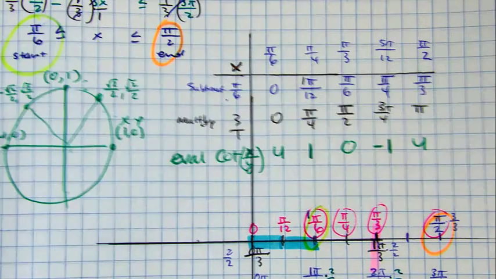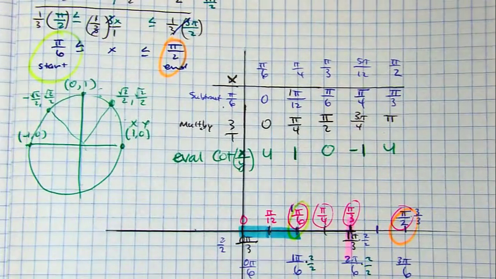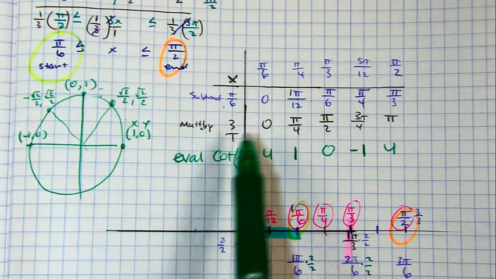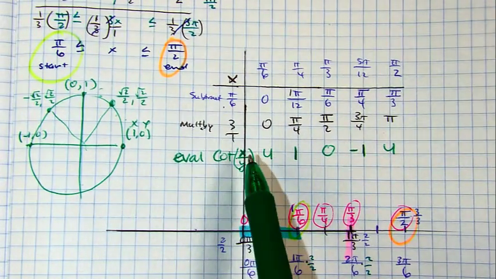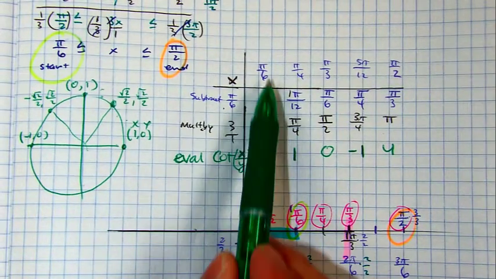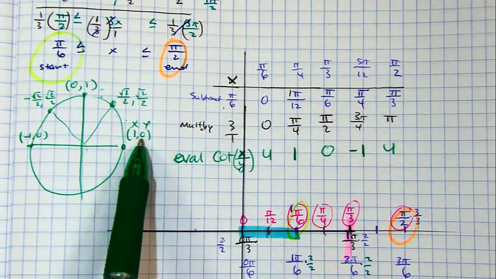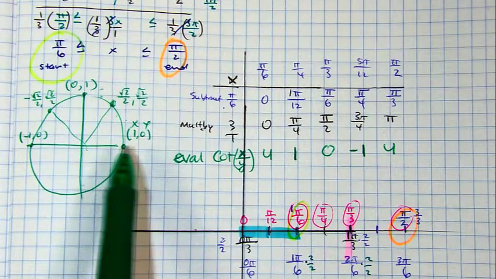How does this relate to yesterday's lesson or the day before for tangent? If you evaluated these at tangent, you could just take your answers and take the reciprocal. Does that make sense? For example, tangent at 0 is 0 over 1, which would be 0. Or you could just flip that and get 1 divided by 0, which is undefined.